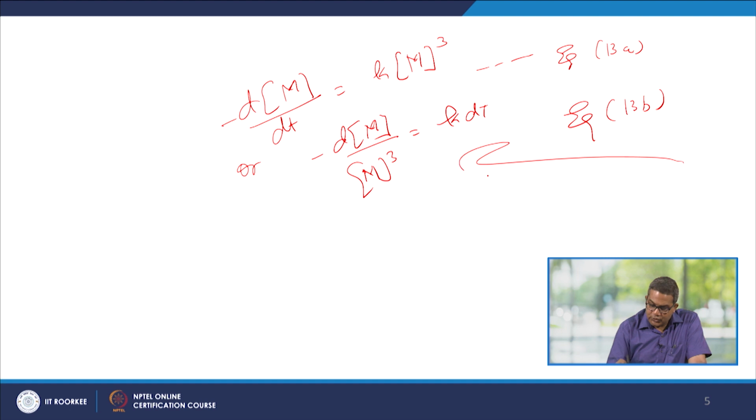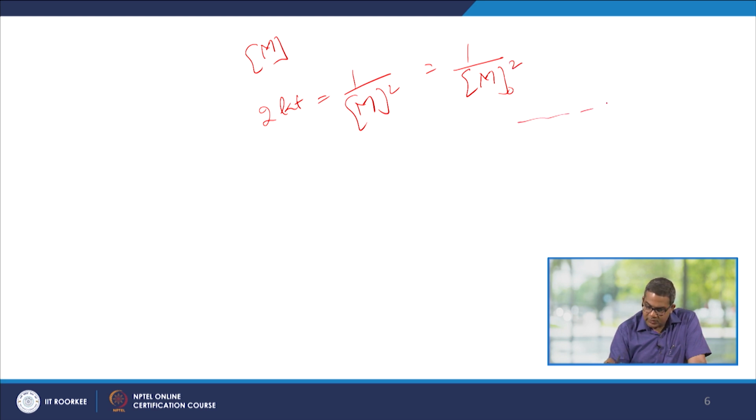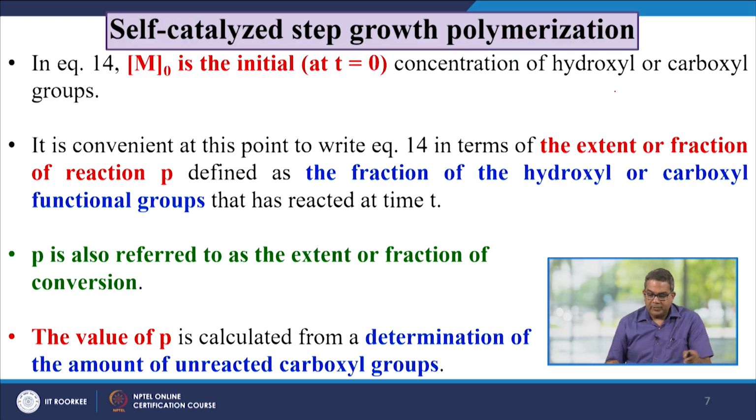Here M is the concentration of hydroxyl group or carboxyl group, and if we integrate this equation, it becomes 2kt equals 1/M^2 minus 1/M0^2, where M0 is the initial concentration, equation number 14.